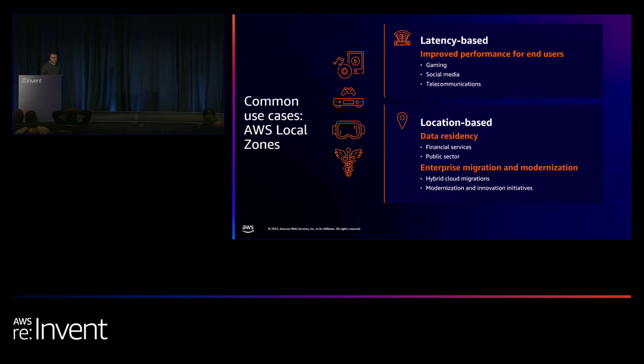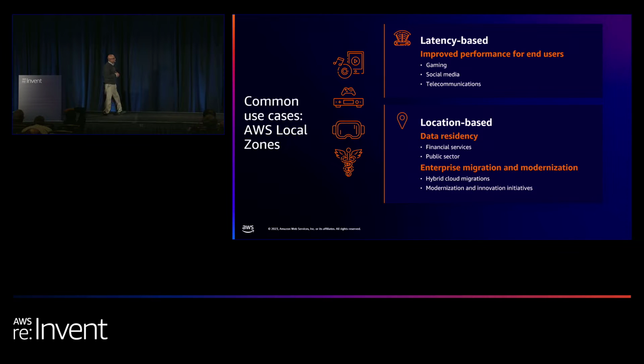Now, what are the common use cases, categories for local zones? One is latency-based. So if you think about latency-based, these are applications that are highly sensitive to latency. So if you think about application types like gaming, for example, if you think about one of the local zone customers like Supercell, so if you think about their gaming needs, they need their applications to be deployed in certain centers where a lot of gamers are residing because they want low latency access in those regions.